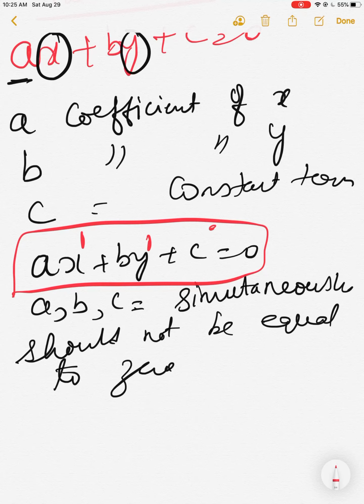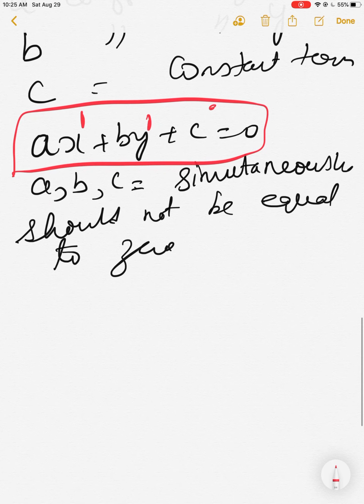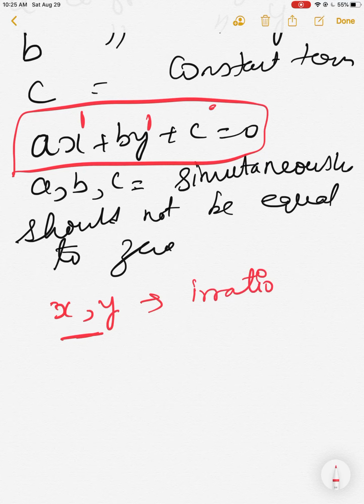Okay, here the condition is that a, b, c should be real numbers in ax plus by plus c. And x and y should be real numbers. They should not be square roots, irrational numbers.